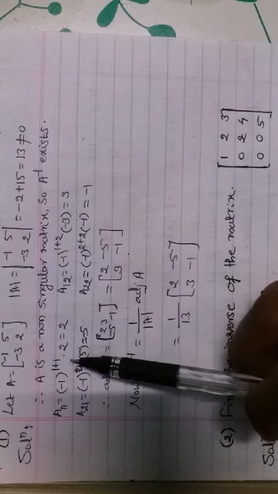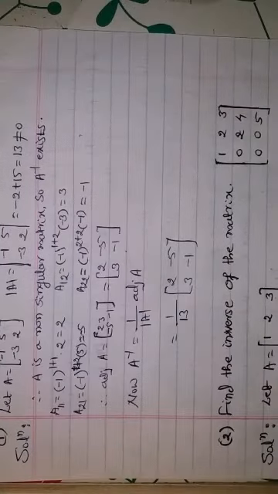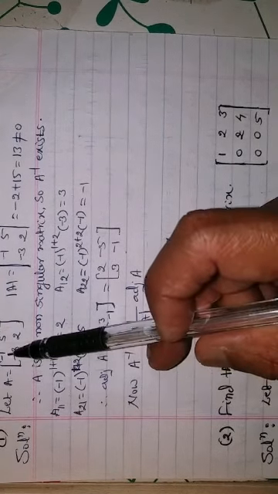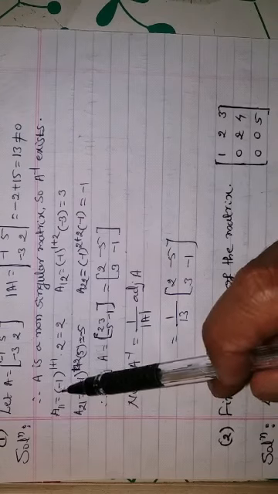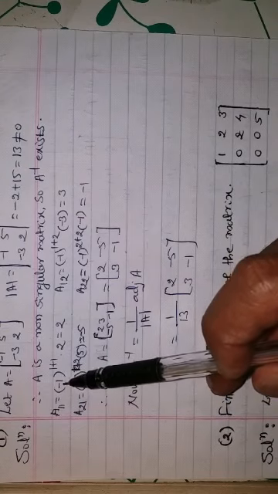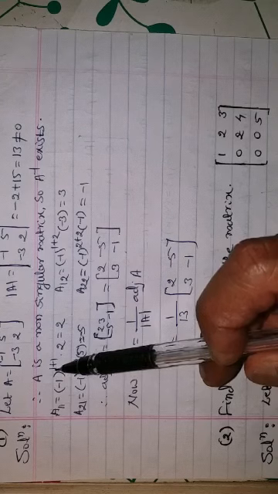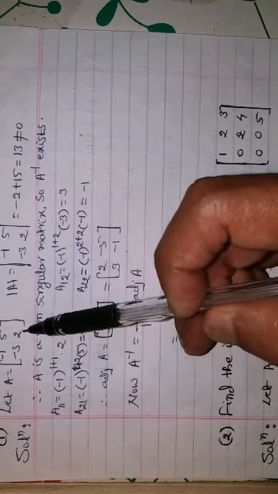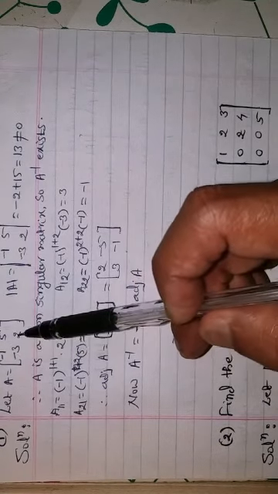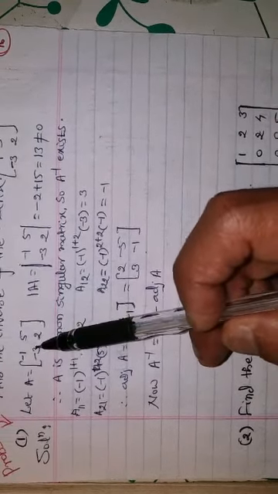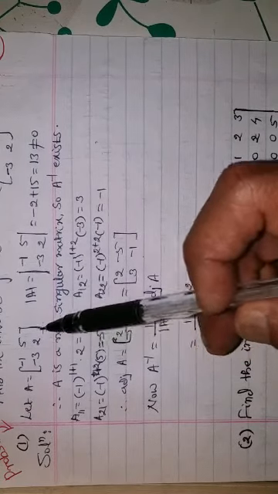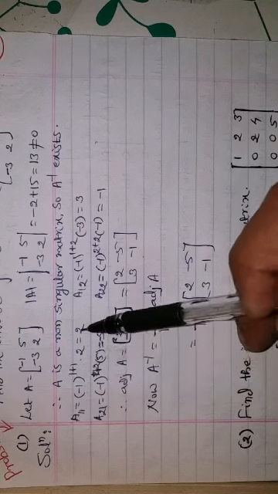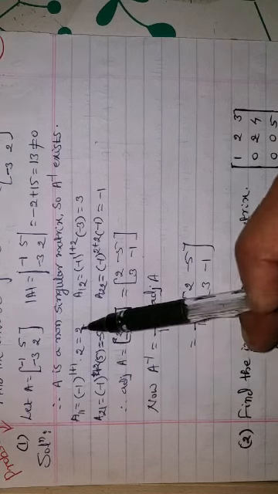Am I right here? Okay. Then the cofactor of A11 means: A11 is equal to, according to formula, (-1) to the power of i plus j into the minor of this element, which is 2. Minor of A11 is 2. So (-1) squared into 2, that equals 2.